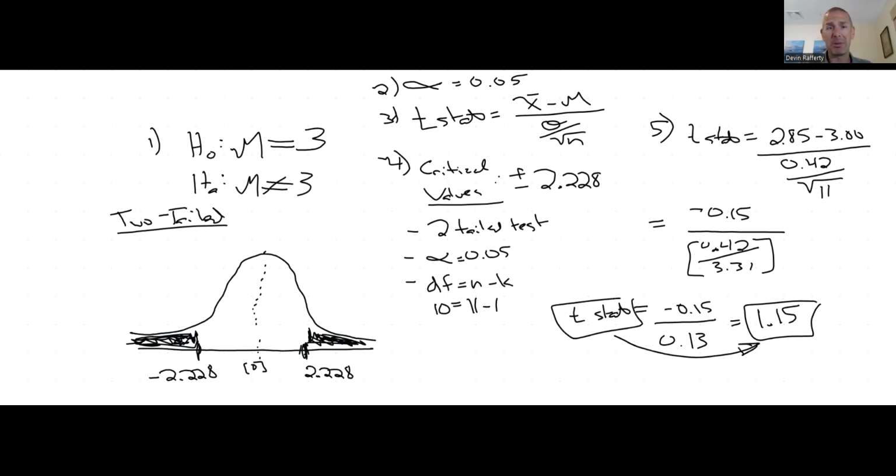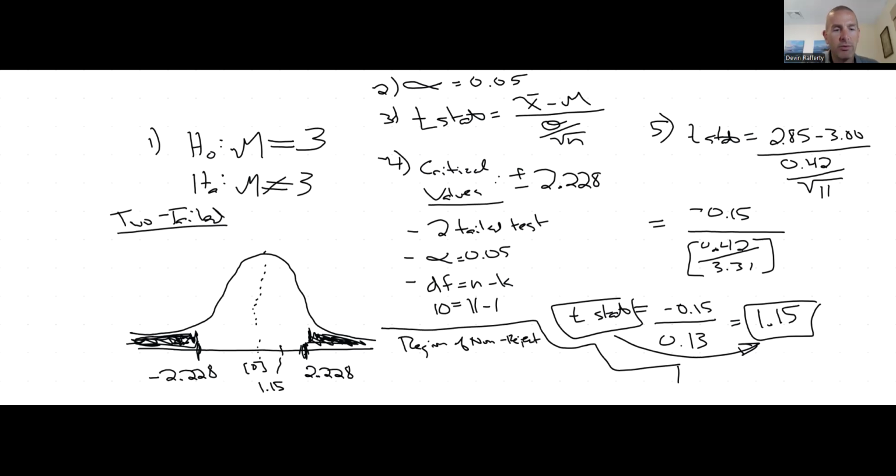So what's the result? What happened? All right. Well, my test statistic is 1.15. 1.15 on a number line lands right here. 1.15 puts me in the region of non-rejection.